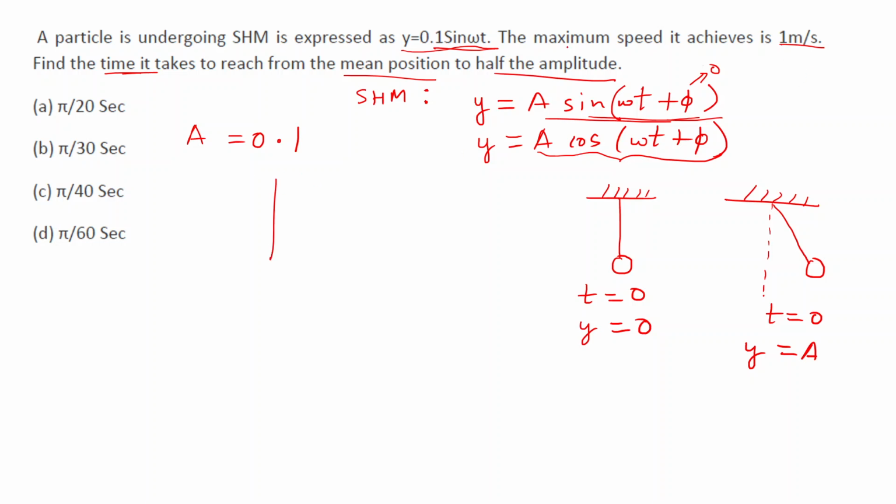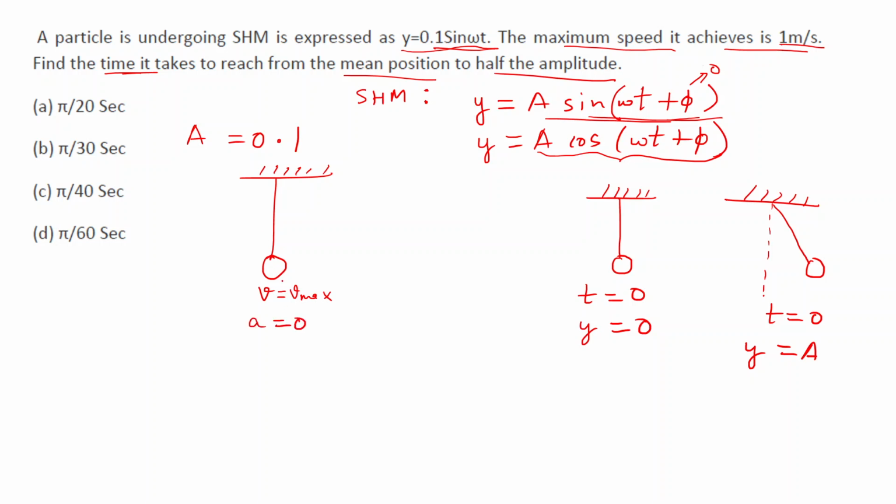They are talking about the maximum speed it achieves being 1 meter per second. We know for an oscillating pendulum that when it is at this position, the mean position or equilibrium position, its velocity is maximum and displacement is 0.